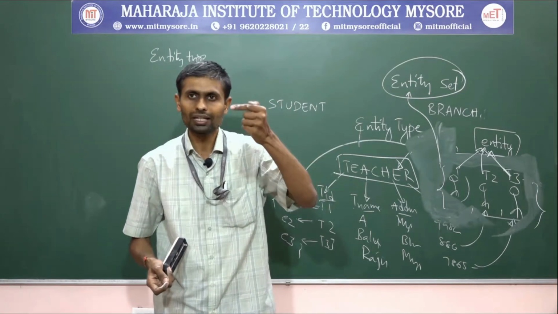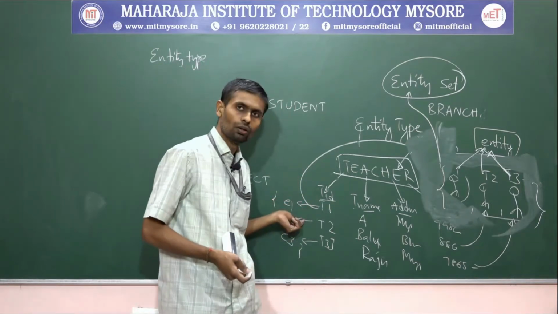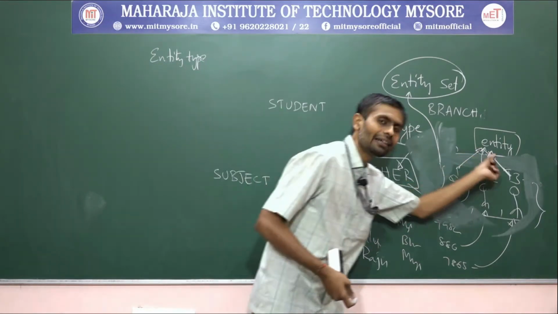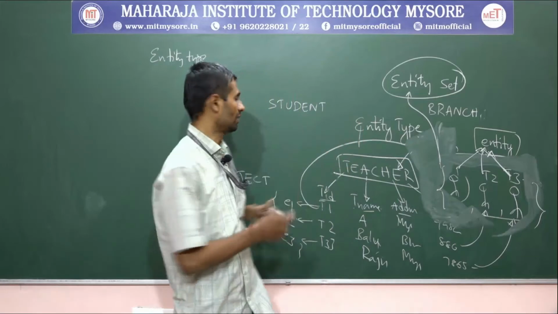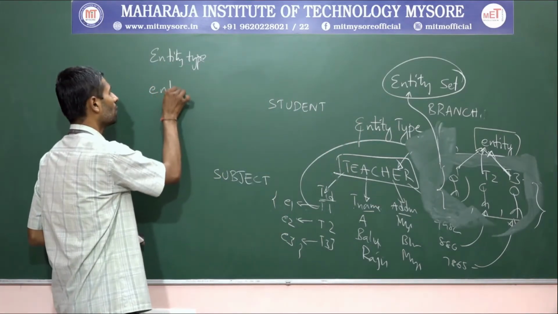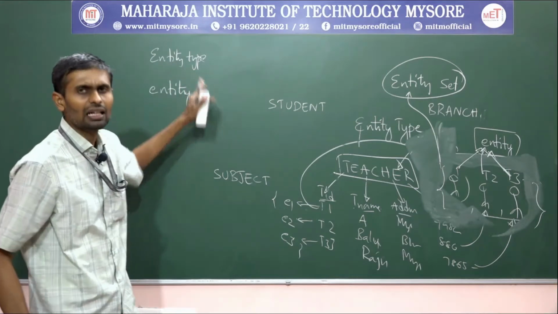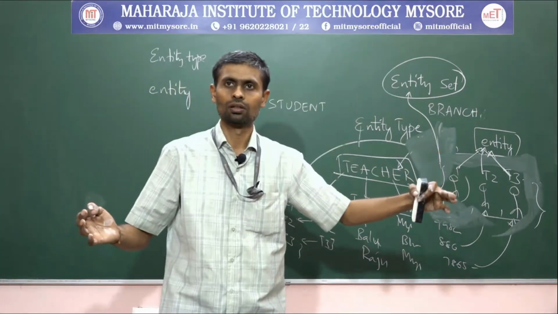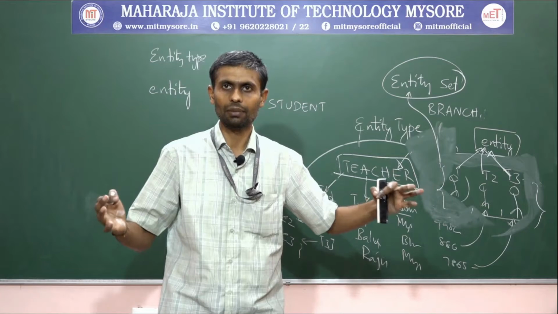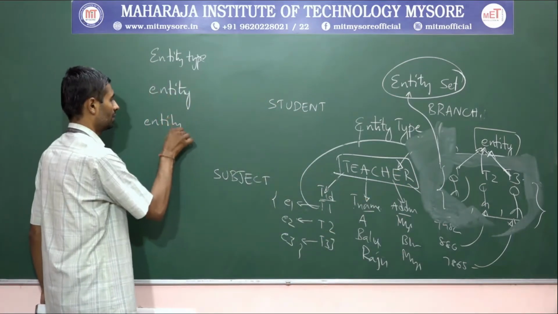Each row or each tuple represents an entity of the entity type. So, a row represents an entity, the name given to a table is an entity type, and a collection of such rows in a table we call an entity set.